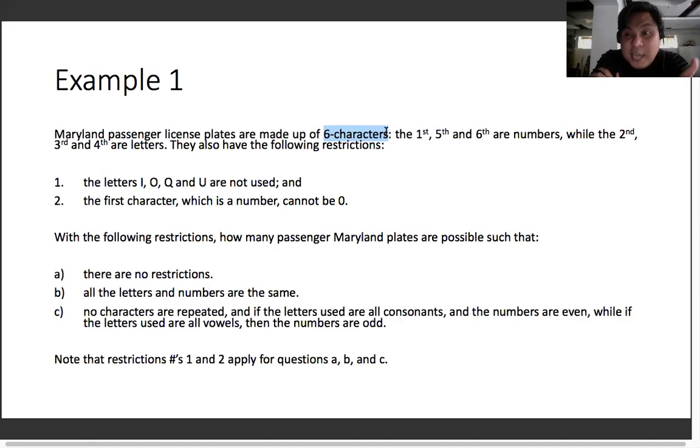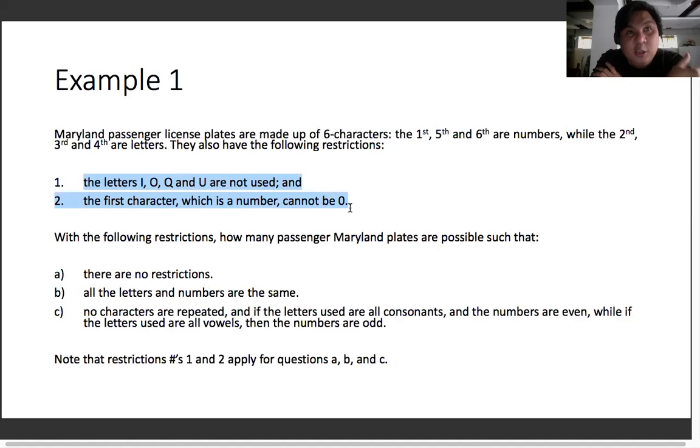Right? Now, besides that particular format, there are also restrictions on the letters and the numbers that are to be used for the license plates. First, the letters I, O, Q, and U cannot be used. In reality, the letters I, O, Q, and U can still be used for passenger license plates.